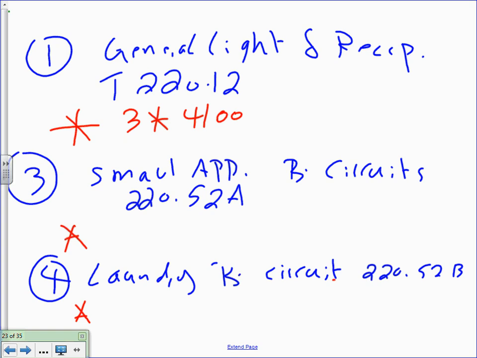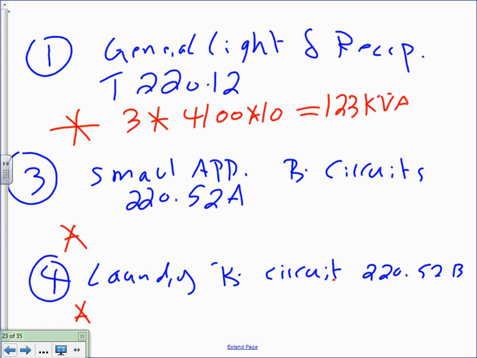So I need somebody to help me with the math, please. 4,100 square feet times 10. There's 10 units, so 3 times 4,100 times 10, because I'm doing it for the whole building, remember. Any question? What's the answer? 123 kVA. Can I have a second on that?